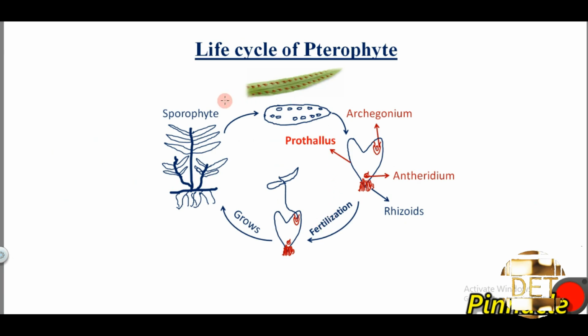So let's look at the life cycle of pteridophytes. Very important and straightforward. So like I said, the dominant generation, the main plant body, is the sporophyte generation, and it is responsible for the production of spores. So underneath the leaf, underneath the frond is the sorus that contains the sporangia.